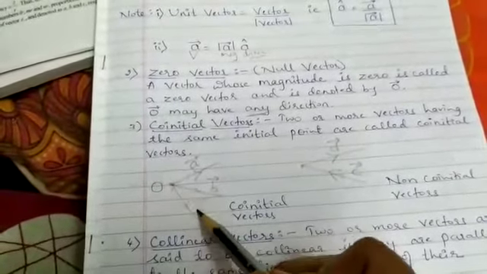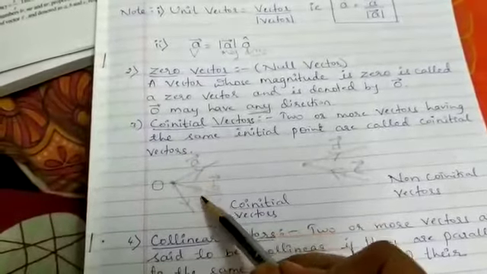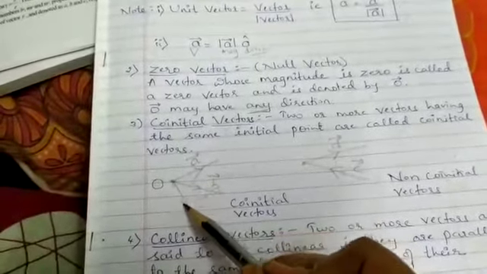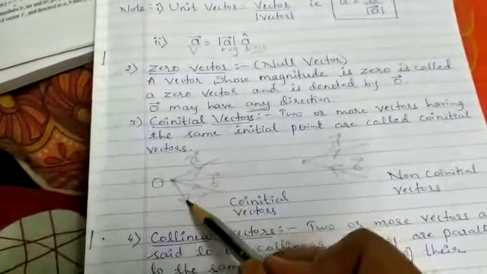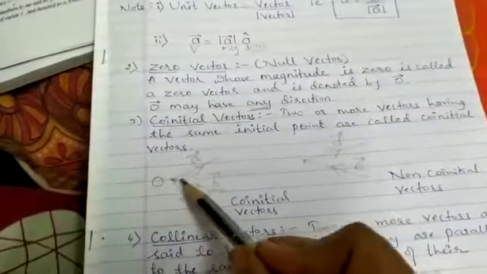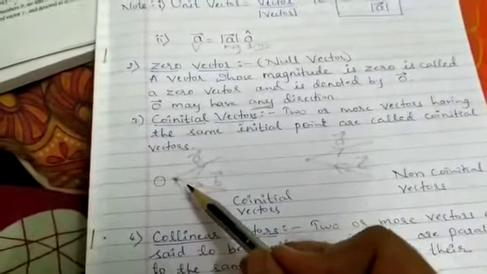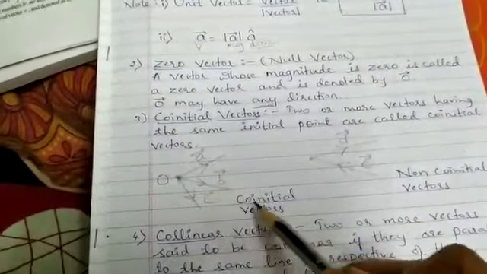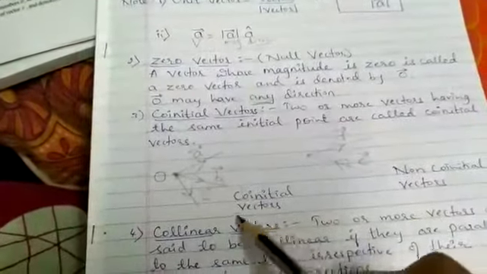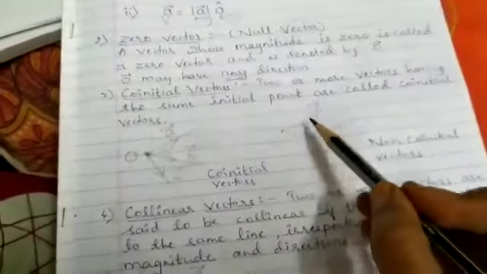Vector C, again its initial point is O. Because the directions are given accordingly, all this gives you an idea that these vectors have the same initial point. So vector A, vector B, vector C are henceforth called co-initial vectors.